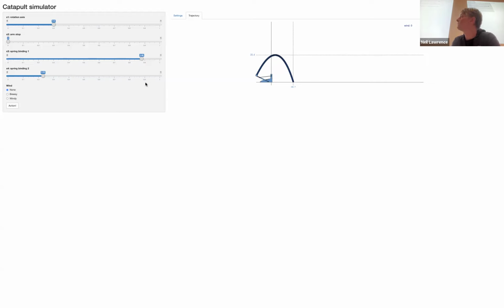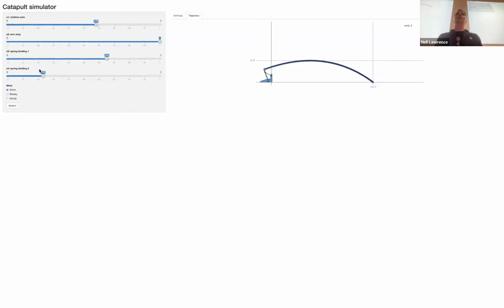So it's intuitively sensible now we look at the system that the arm stop should be a really important thing. Oh, that wasn't the arm stop, was it? Let's go back out. You can play with this here. So that turns out to be the one where most of the sensitivity is.